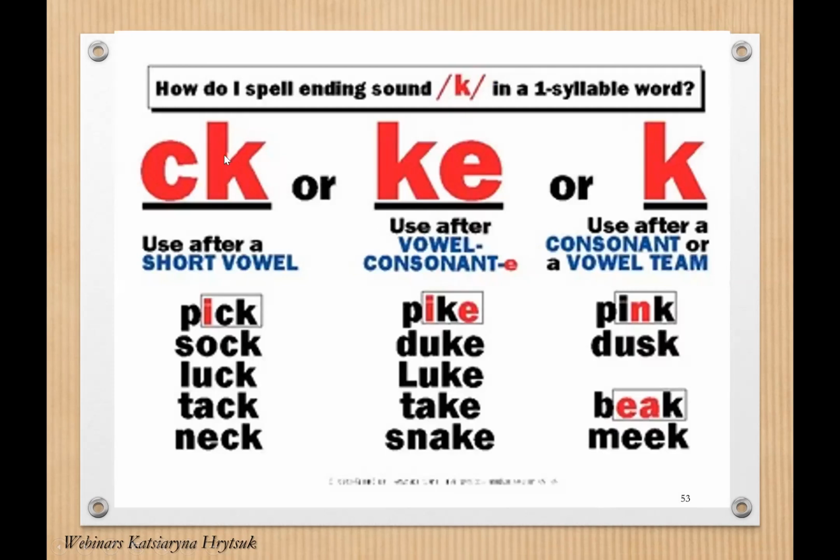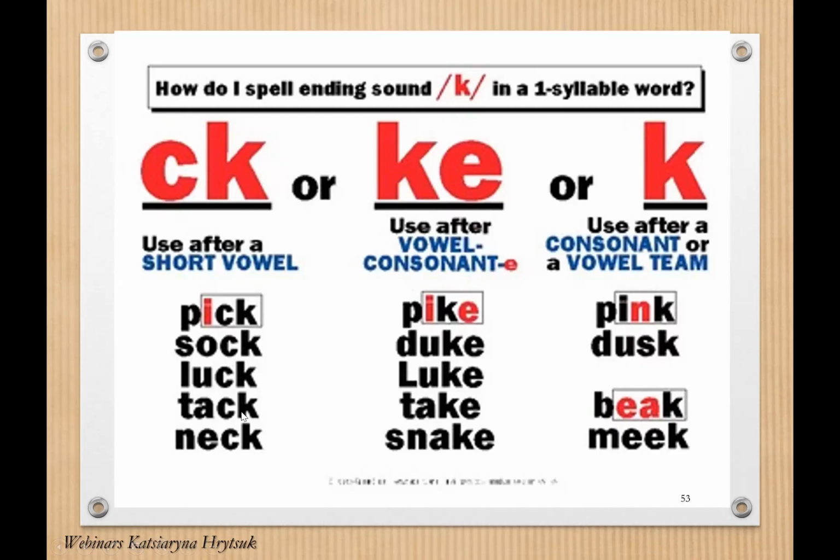Here it's easier. CK after a short vowel. Pick, you see, short vowel I. KE, vowel plus consonant and E. And when we talk about K, use after a consonant, or a vowel team, two vowels together.